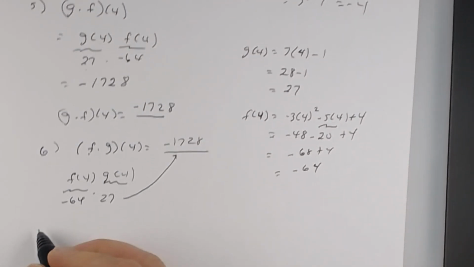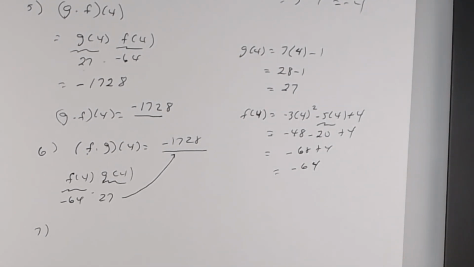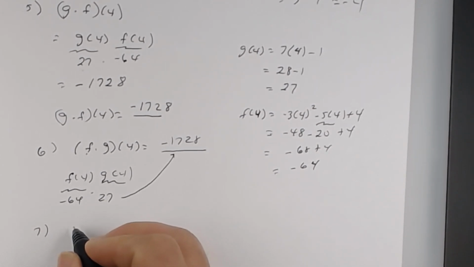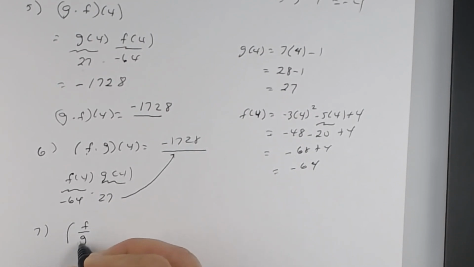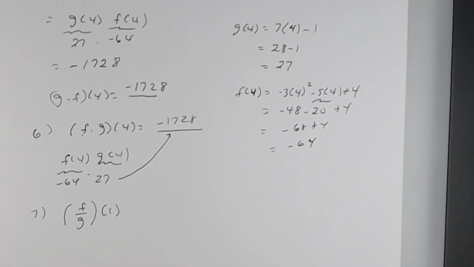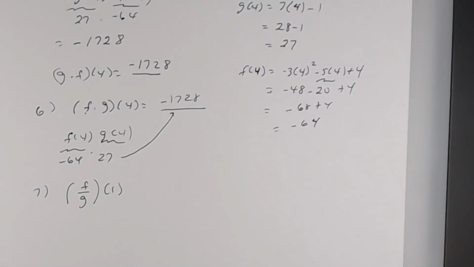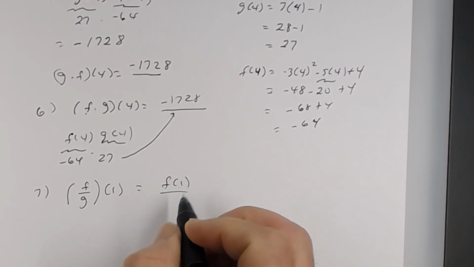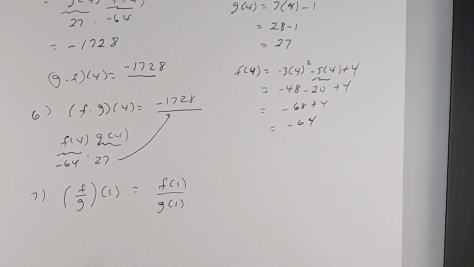Okay. Number 7. Now we're going to do division. Same idea. So for division, let's suppose we want to find f divided by g at 1. By definition, what does that equal? f of 1 divided by g of 1.